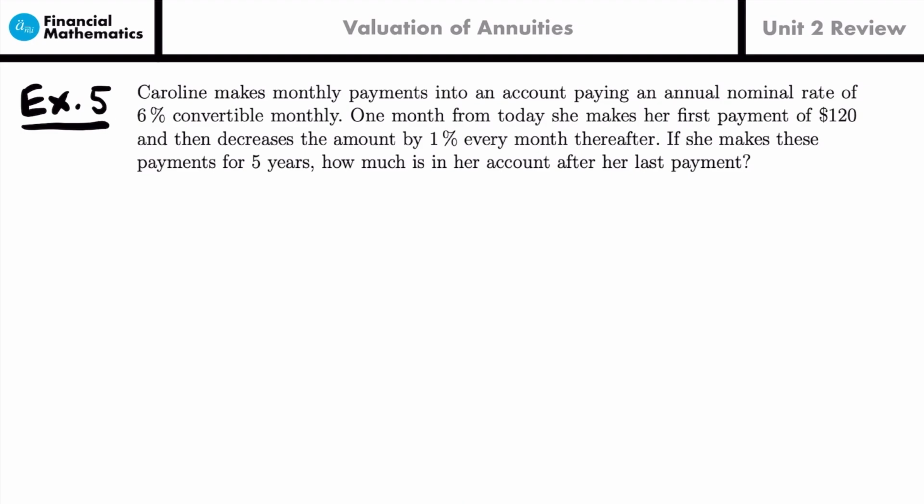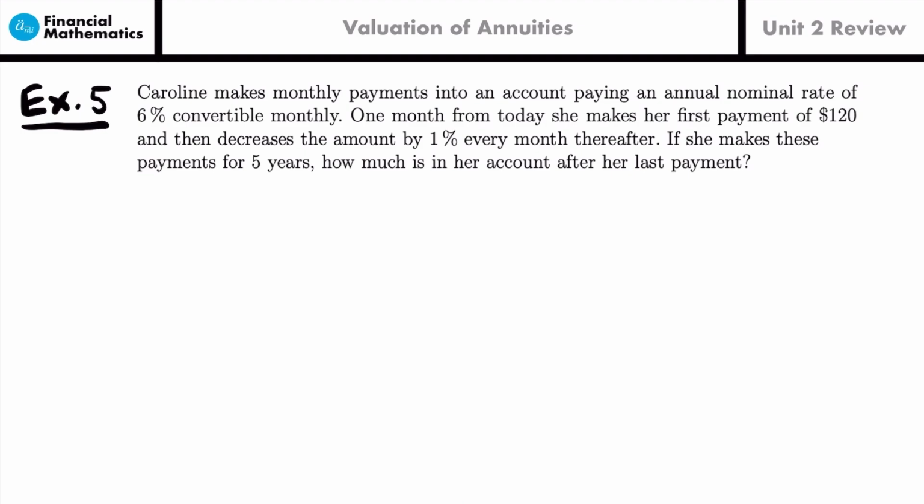First thing I notice about this problem is that Caroline is making payments that decrease by a percentage every month. That is very clearly a geometric annuity. Whenever you have payments that are increasing or decreasing by a percentage, such as 1%, that's a geometric annuity. So it looks like we are calculating either the present value or the future value of a geometric annuity.